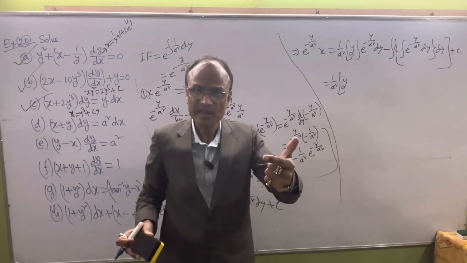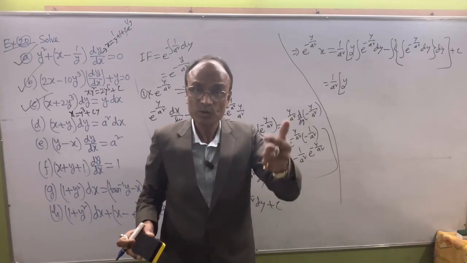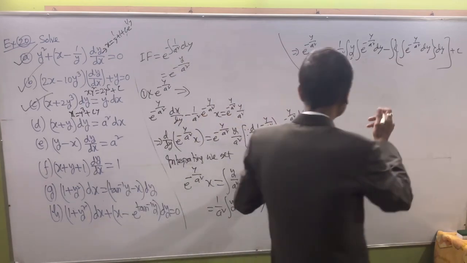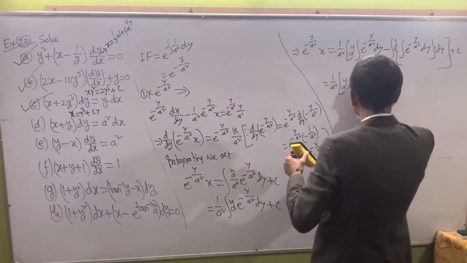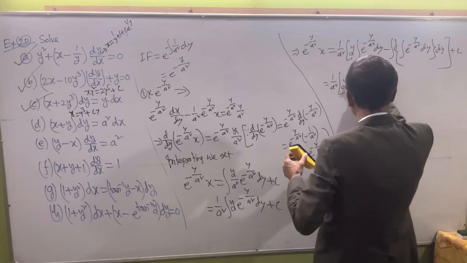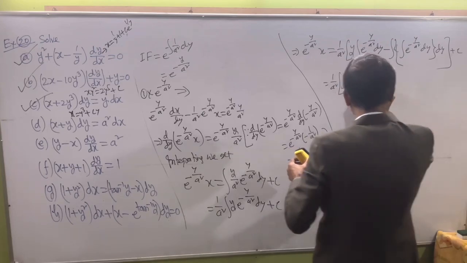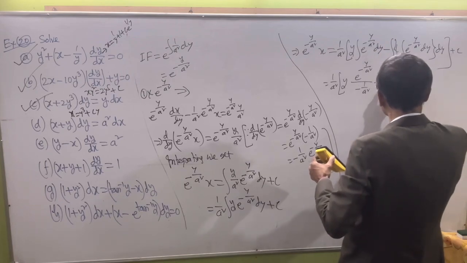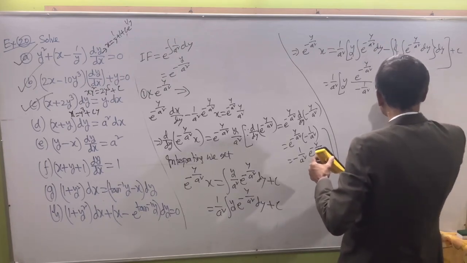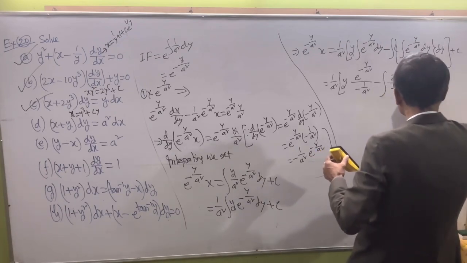Integration of e to the power mx is e to the power mx divided by m. अब देखिए e to the power mx means e to the m means what? Minus 1 by a square divided by 1 by a square minus integral e to the power minus y by a square divided by minus 1 by a square dy plus c.